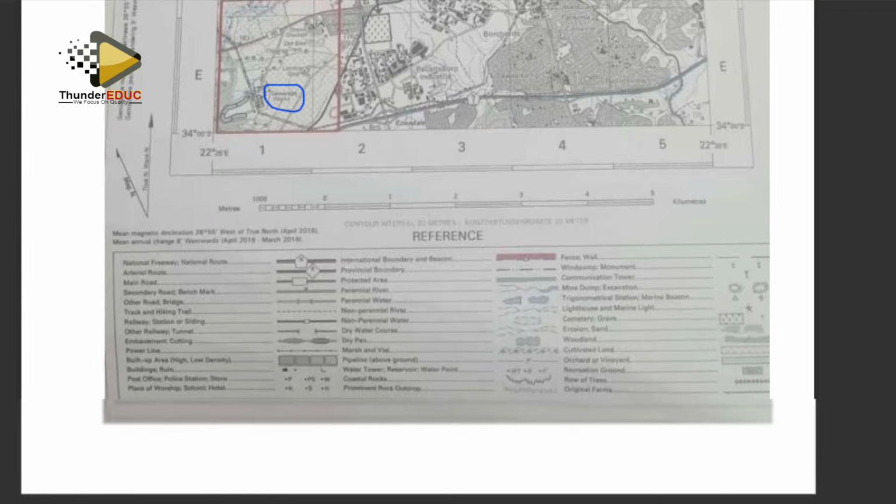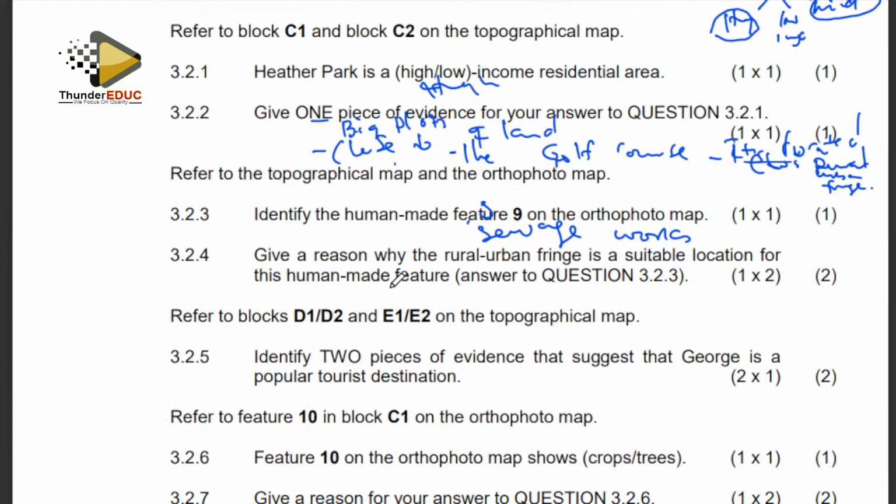Now, the next question says, give a reason why the rural-urban fringe is a suitable location for this human-made feature. In that case, why do you think the sewage works is located that far? Number one, it is far away from the built-up area, like the residential area. That is why.